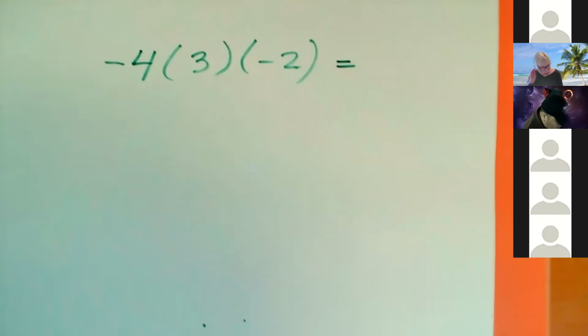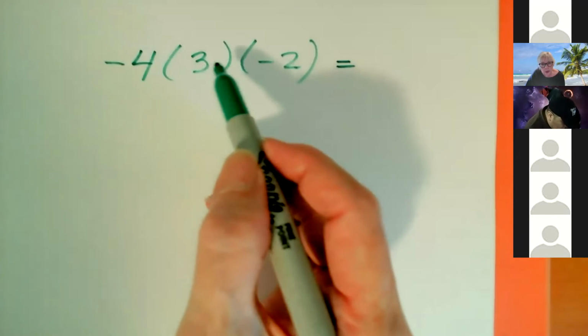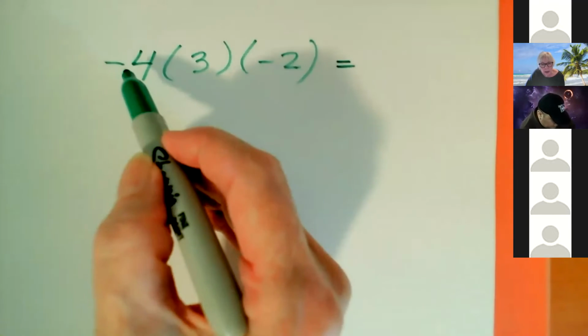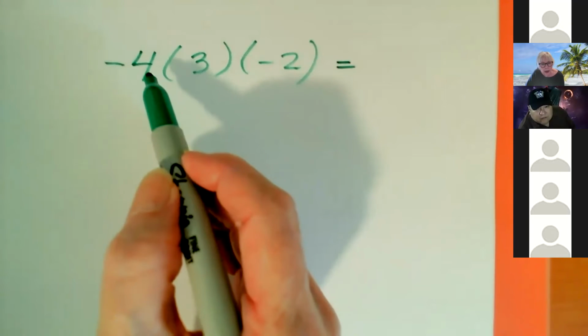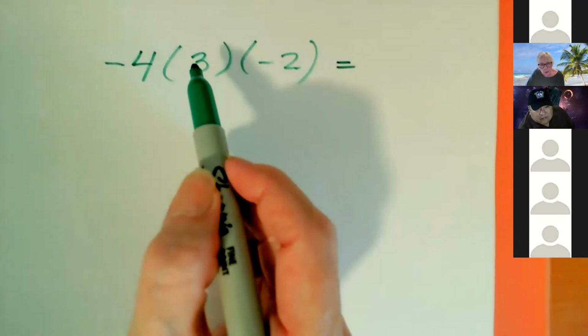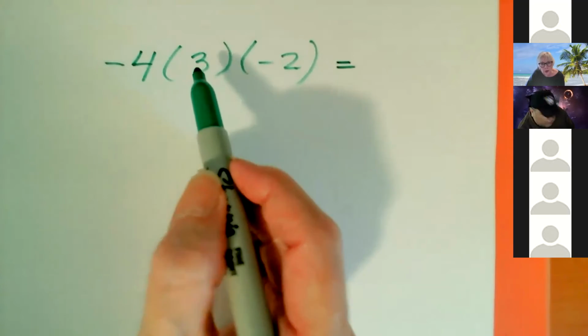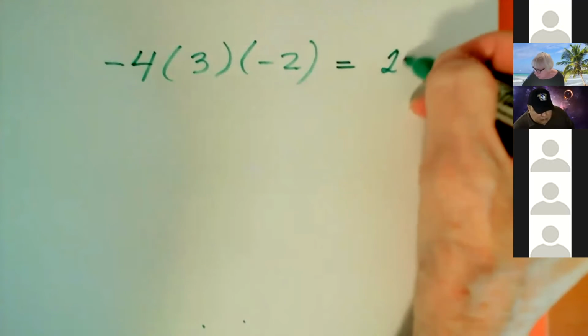What kind of sign do we get? Positive. It's going to be positive. So at this point, once we determine it's going to be positive, I could put a plus there or just ignore it. Now I have to multiply. 4 times 3 is 12. 12 times 2 is 24.